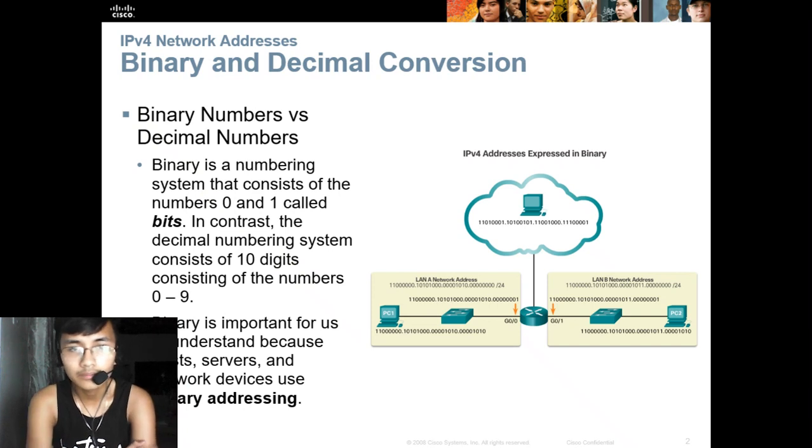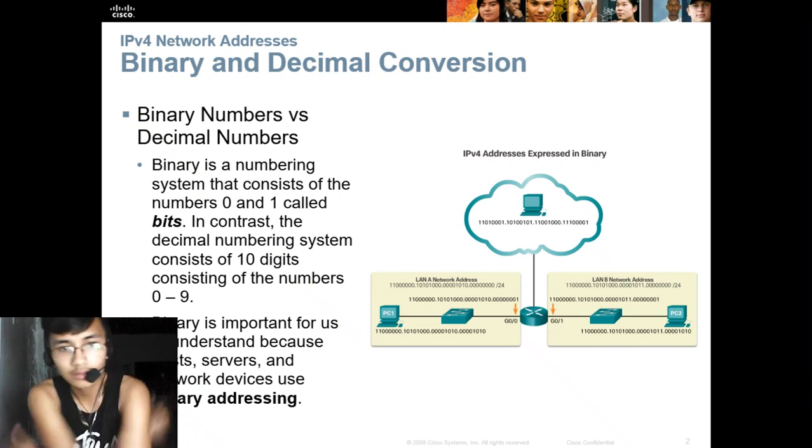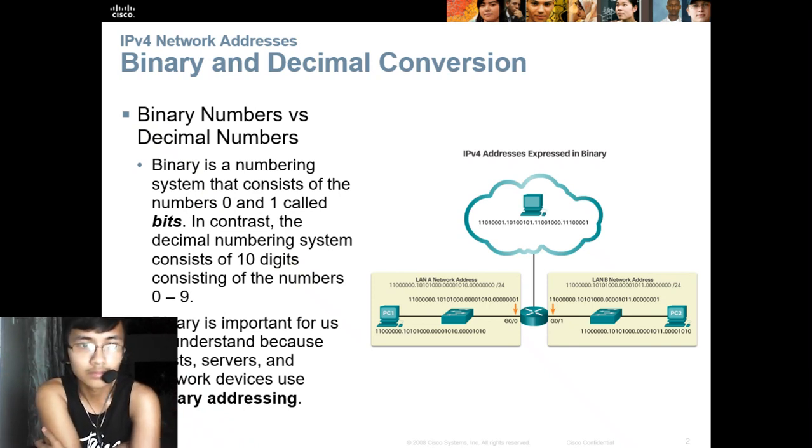And the decimal contains the numbers from 0 to 9, which means it can range over different values. Binary is important for us to understand because host servers and network devices use binary addressing.